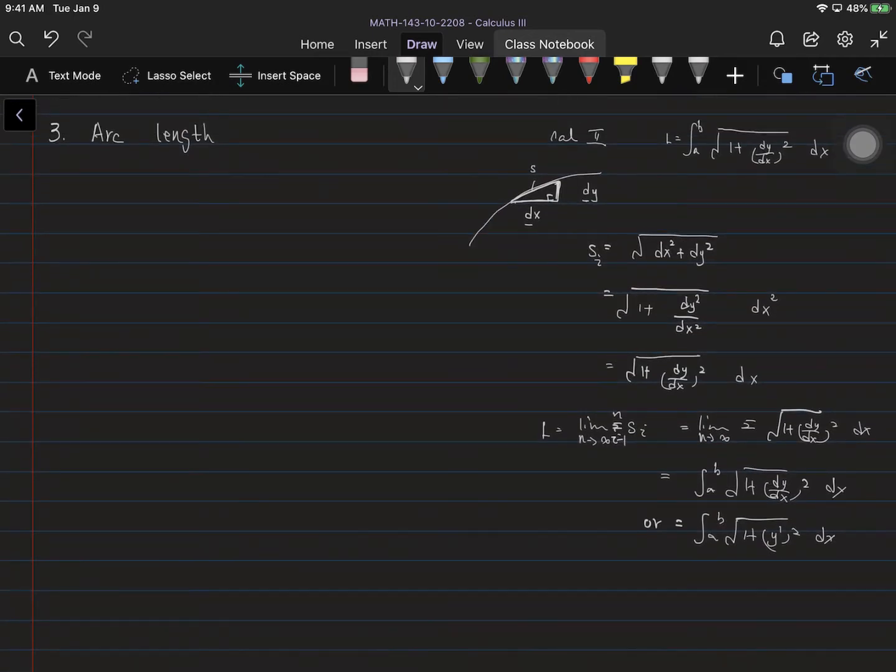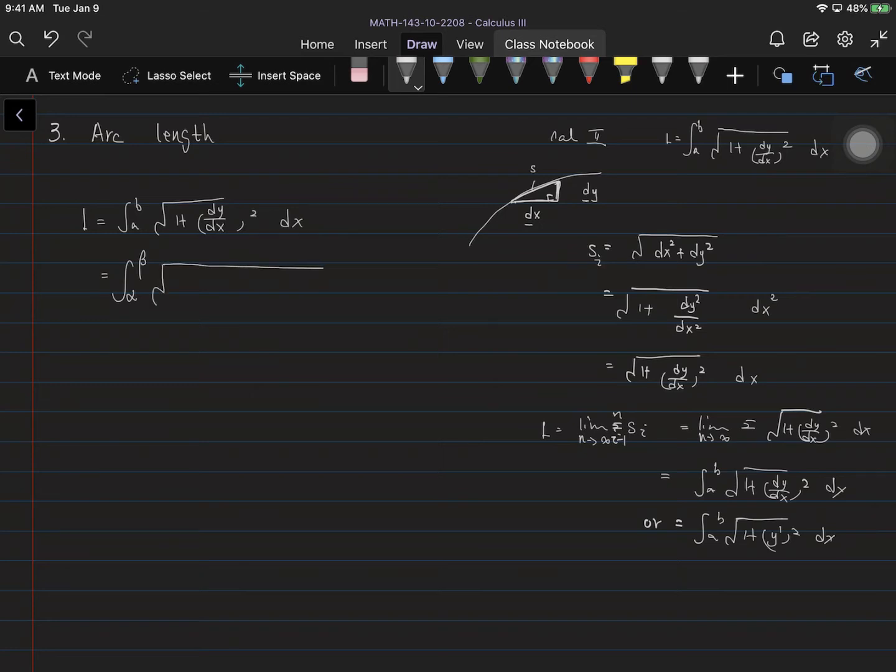So in our parametric equations, what is the arc length? Let's take a look. So the arc length formula is this, for a regular function. In our parametric curve, our variable is going to be the parameter t. It changes from alpha to beta.